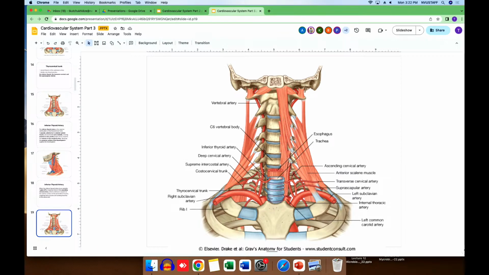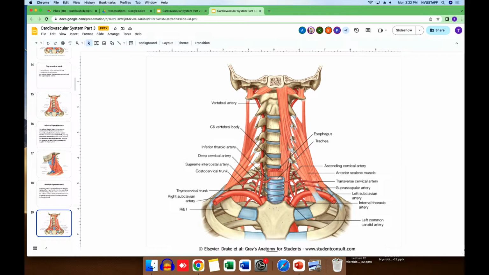So thus we can say that our transverse cervical artery is a branch of the thyrocervical trunk, and it has a really huge pathway, and we are dividing this pathway into superficial and deep layers according to where they are going.